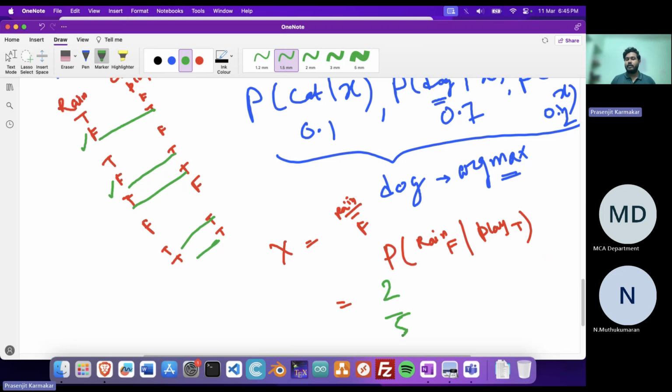The same thing would work for any categorical feature. Let's say your rain can also be mild rain, medium rain, or high rain. Similarly, as with true/false, you can compute the probability of rain being mild given that play is false, that I am not playing.